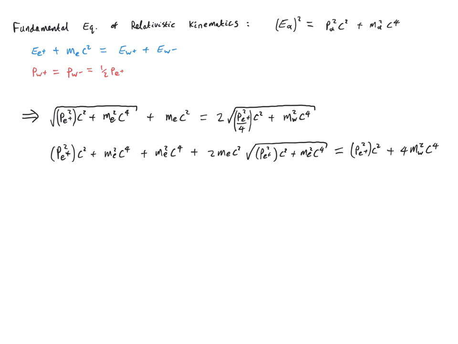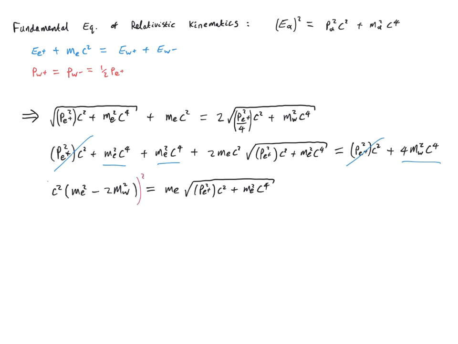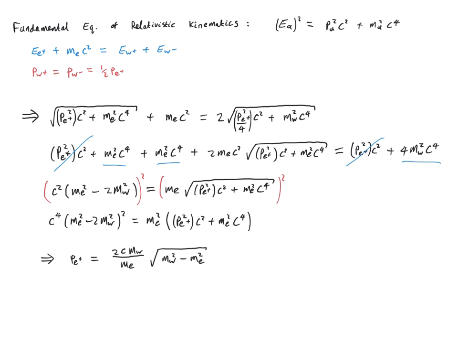In particular, P_e+ squared c squared appears on both sides of the equation, and we can also collect up some of these constant terms, as well as dividing by a factor of c squared throughout. Then we get this expression, and again we can square both sides of the equation to get rid of the final square root. That gives this expression, and now finally we can rearrange for P_e+. After a little bit of algebra, this is the final result.